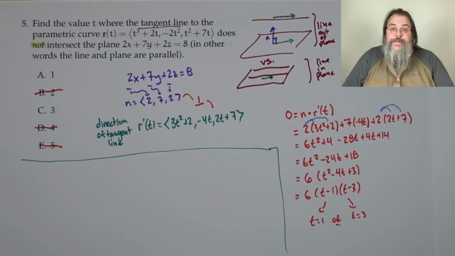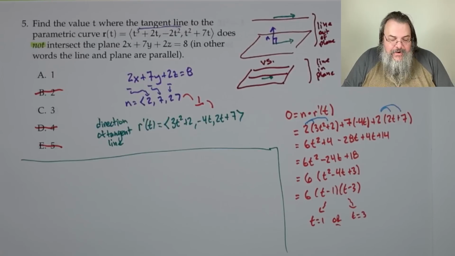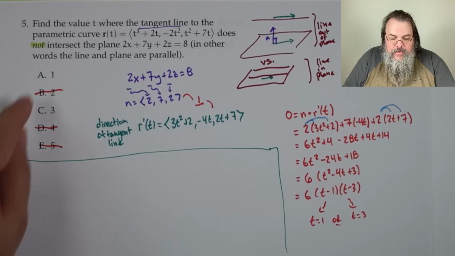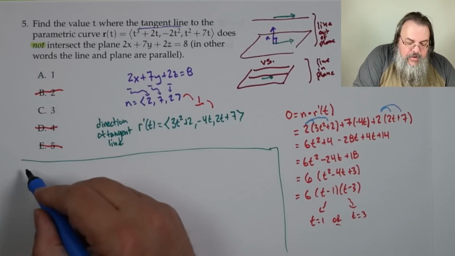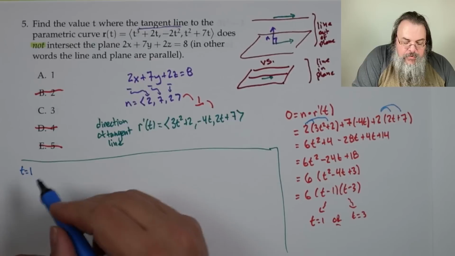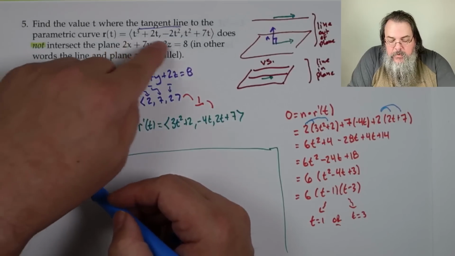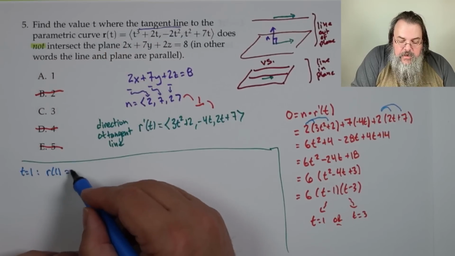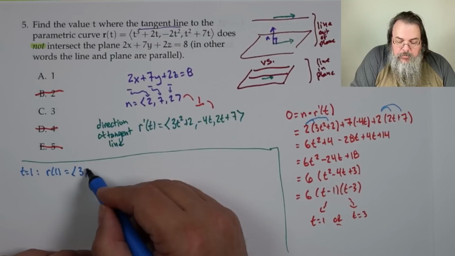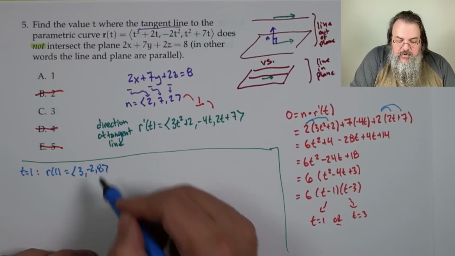Well, we just pick a point. So now you go in, you say, well, let's plug in. So we have 2 cases. We just need to figure out what's happening. T equals 1. So we have, what is r of 1? Well, plug in 1, and we're going to get 3, minus 2, 8.